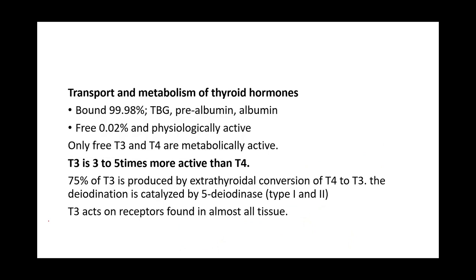Now, when these hormones are released in the body, you should know that they are free hormones and they are bound. About 99.9% of the hormones are bound to thyroid binding globulin, prealbumin and albumin. Then you have 0.02% are the free form of the hormone, and these are the physiologically active ones.